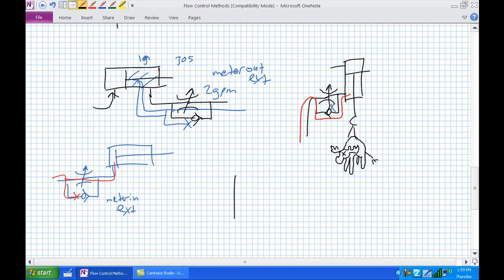No, let's say we've got it hooked up in this orientation. Again, here's a great weight. How do I avoid that weight from slamming to the ground? Well, I want to do meter out retraction. So meter out retraction, it's on the cap end. And it's hooked in the following fashion.